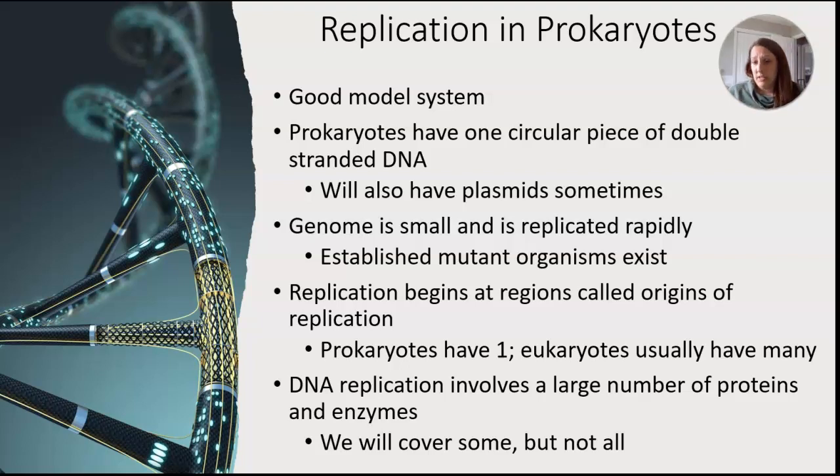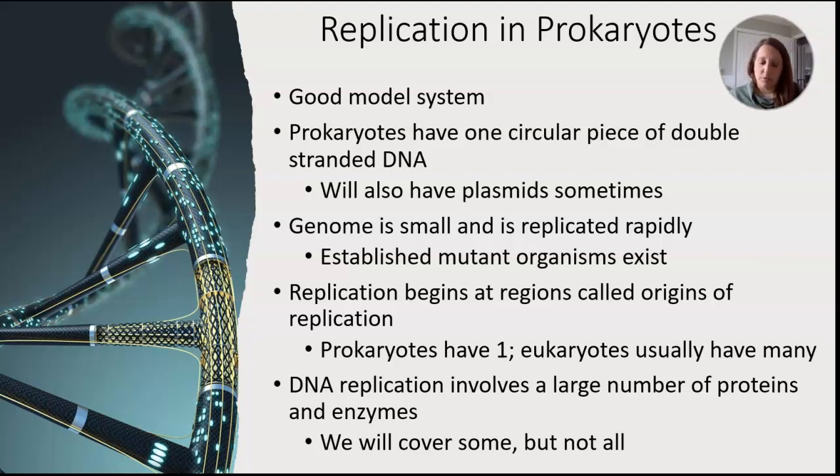What else? The genome is small. Because there's only this one chromosome, it has a small genome, and it's replicated very rapidly, especially compared to eukaryotic organisms. It's also very easy to establish mutant organisms.